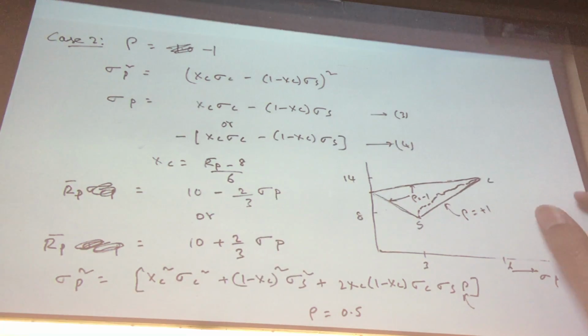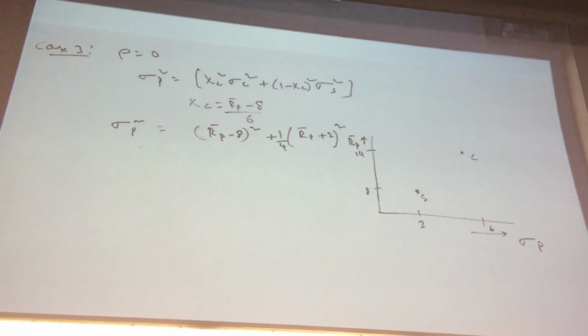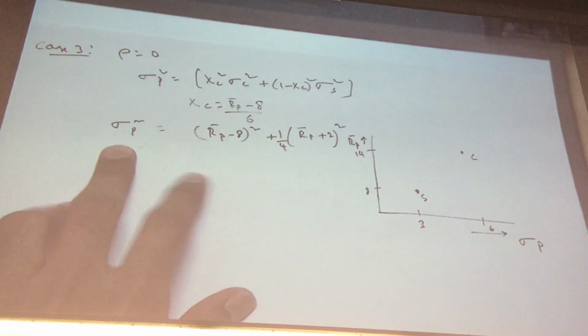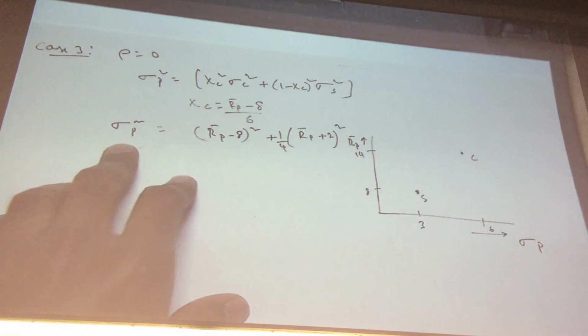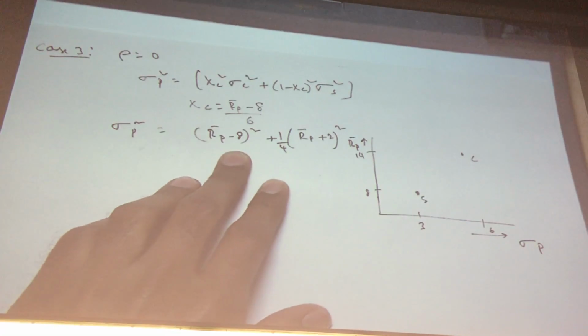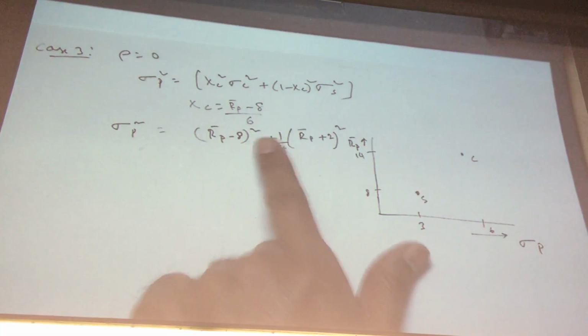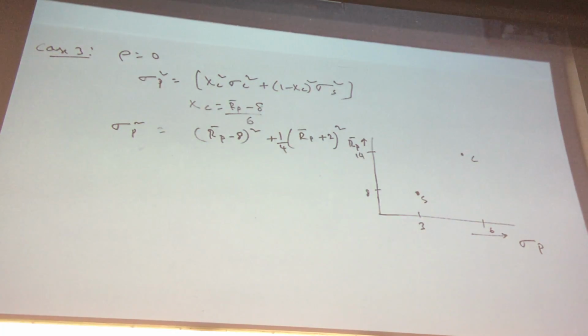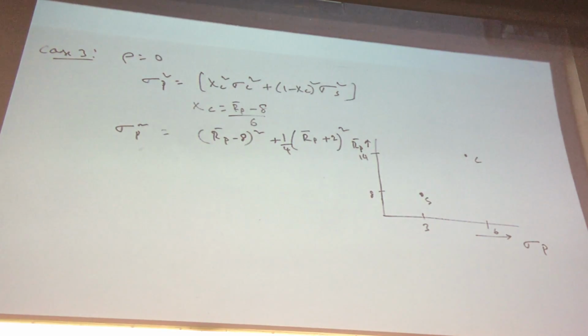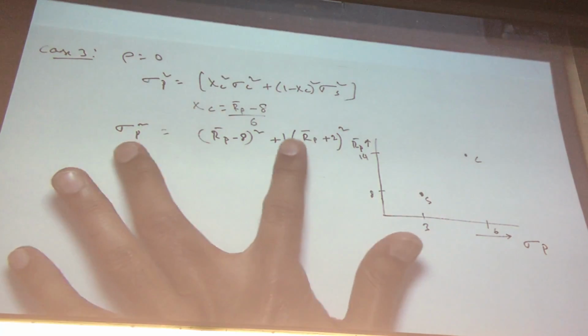So it's a linear one. But when rho equals 0, look at this, the relation between the standard deviation sigma p and the returns of the portfolio involves square terms. That means they are no longer linear. So you cannot express the relation between the portfolio's standard deviation and portfolio's return by just using a simple straight line.